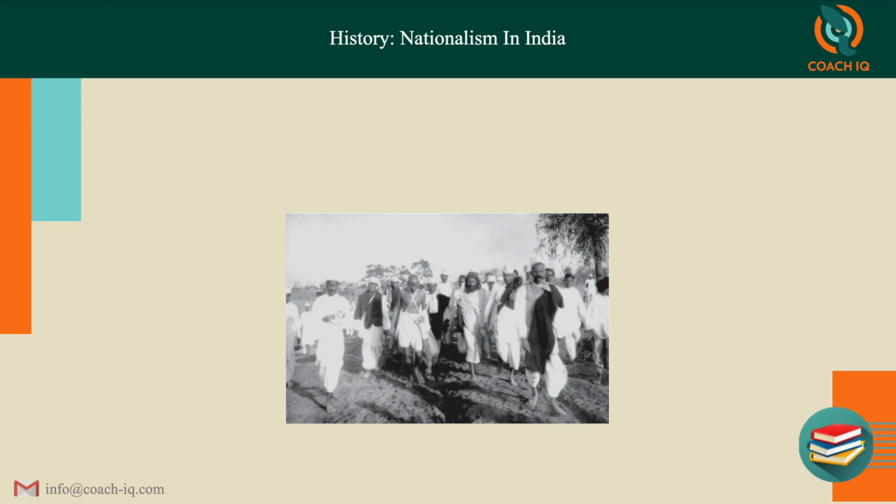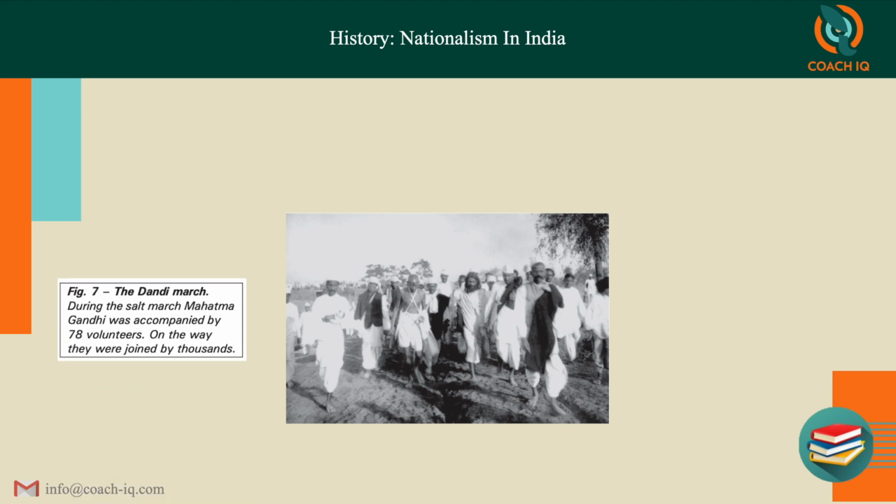Now the next picture shows Gandhiji and a few other people also walking. And it's written, the Dandi March. During the Salt March, Gandhiji was accompanied by 78 volunteers, and on the way they were joined by thousands.